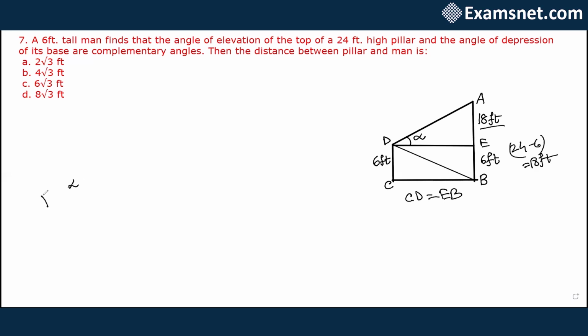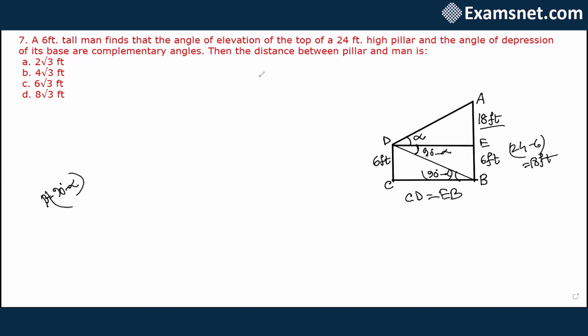So the other angle, the angle of depression, can be represented as 90 degrees minus alpha. Since EDB and CBD are alternate angles, these two are equal. So we can also write 90 degrees minus alpha here, correct?